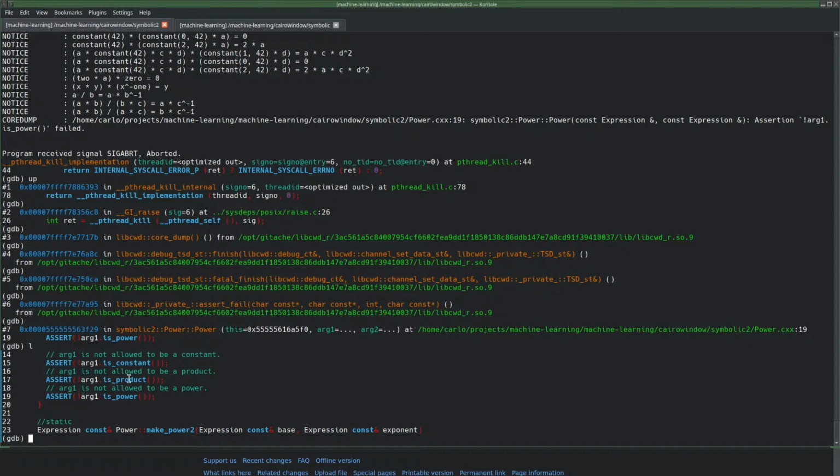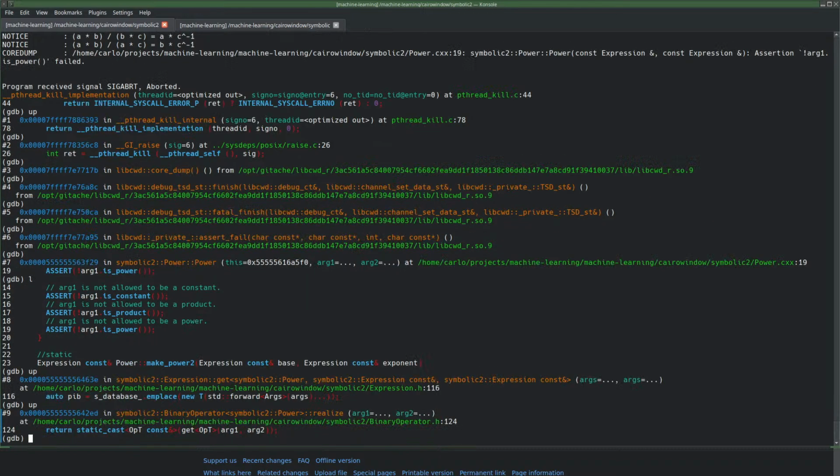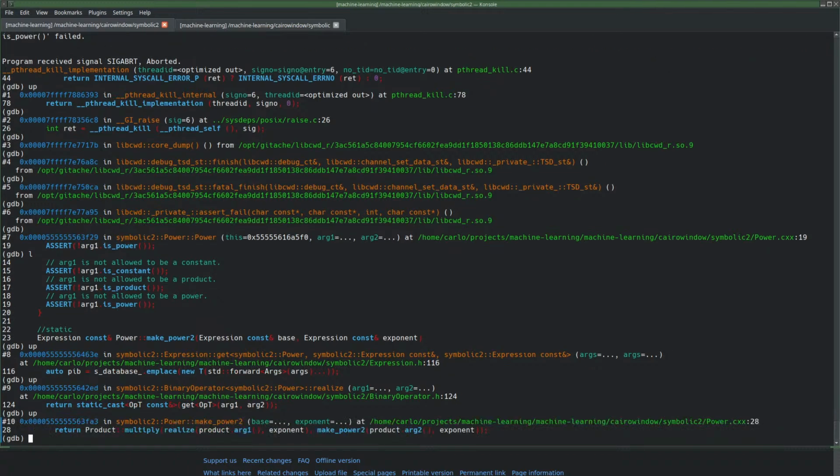So now you get there. It's not allowed to be a power, and it is a power. So who is trying to make this? Again, the realize comes from here. So I'm just blindly calling realize while argument 1 is a power, or maybe this one. Okay, not to do.